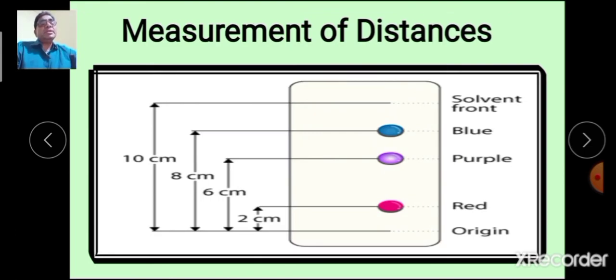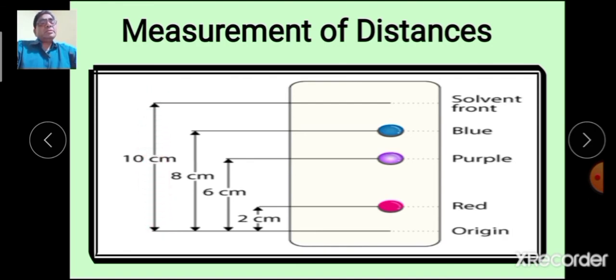Measurement of distances: the first component, the red component, traveled 2 centimeter. The second component traveled a distance of 6 centimeter. The third one traveled a distance of 8 centimeter. Now the distance of the solvent front is 10 centimeter.